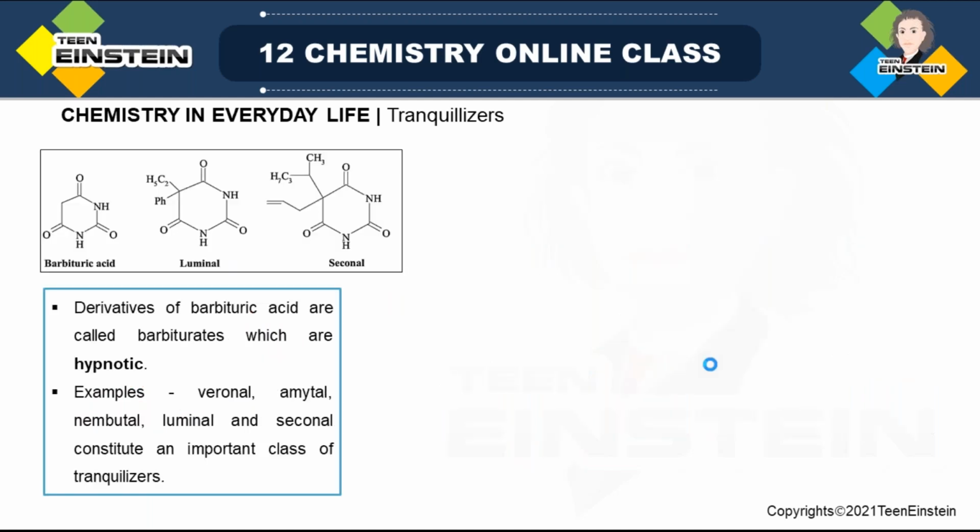Now the second category are actually derivatives of barbituric acid. What is barbituric acid? This is the structure of barbituric acid. Keeping this basic structure, we can have different derivatives. If you look at these two structures, luminal and seconal, the basic barbituric structure is there, but some extra groups as substituents are present.